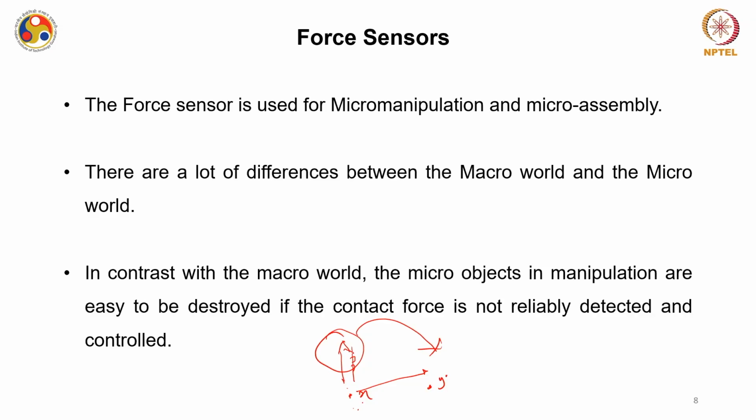So, the first force that I will need for this movement is the gripping force. The second force I will need is what amount of effort it will take to bring this pen from this point to this point. So, these two different forces you will require. This is in the macro world.